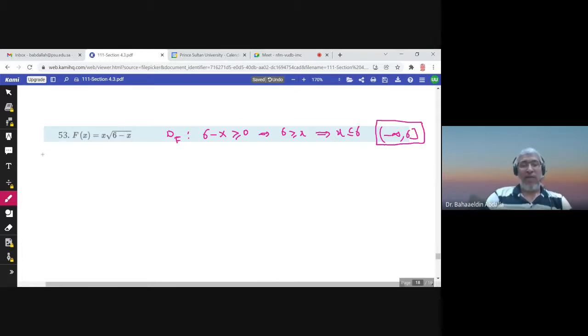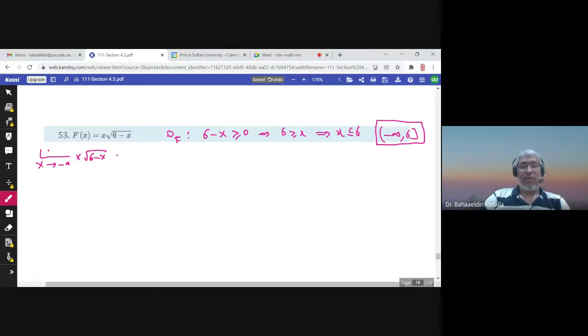Now, can I find here the limit when x approaches infinity? No, because x does not go to infinity. But I can find the limit when x approaches negative infinity. Well, if x is negative infinity, then 6 minus x would be infinity, the square root of infinity is infinity, times negative infinity.